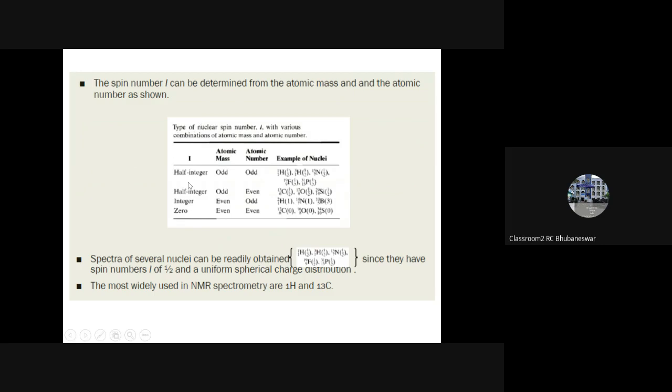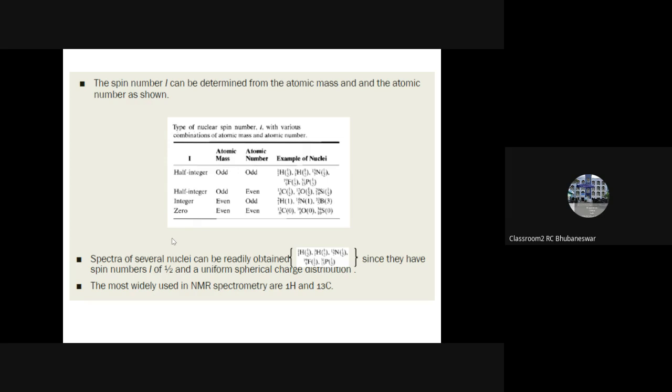Half integer I occurs with odd atomic mass, and the atomic number can be odd or even. It will have integer value if atomic mass is even and atomic number is odd, and it will have zero value if both are even numbers.